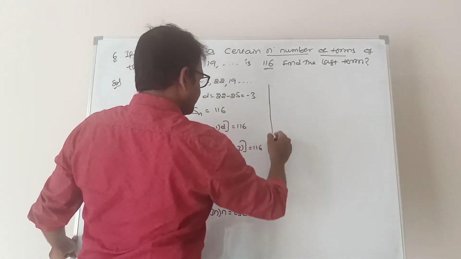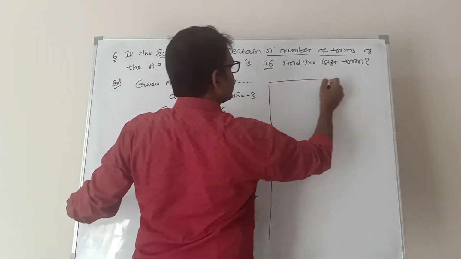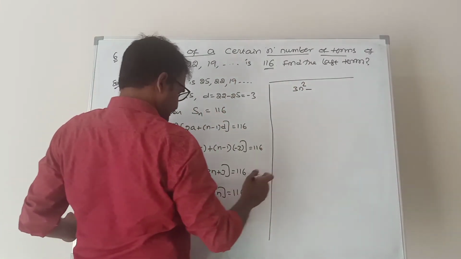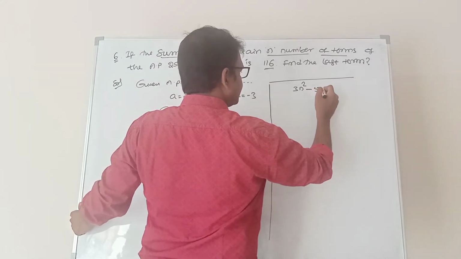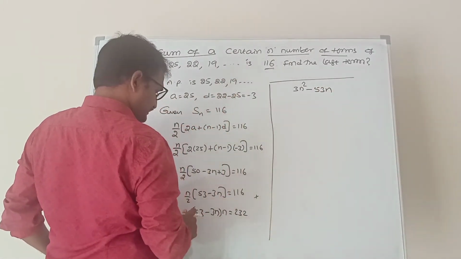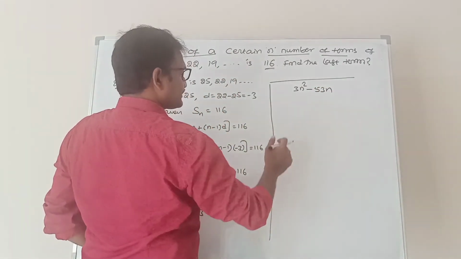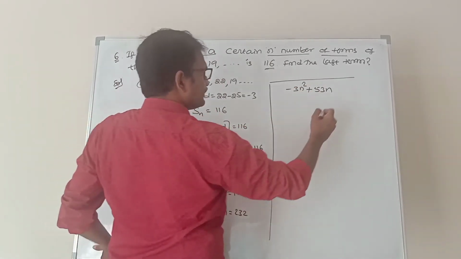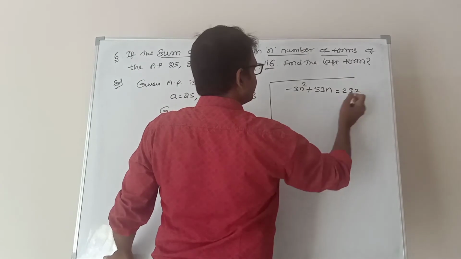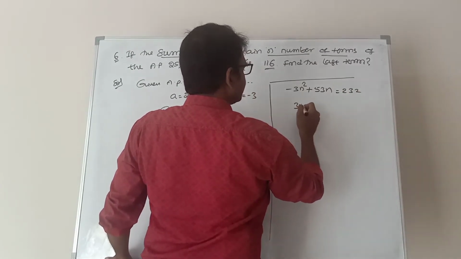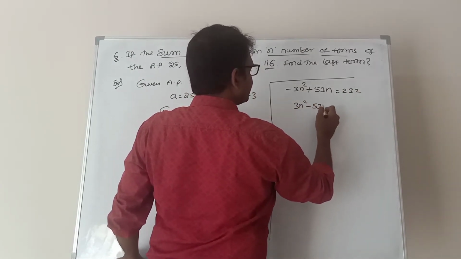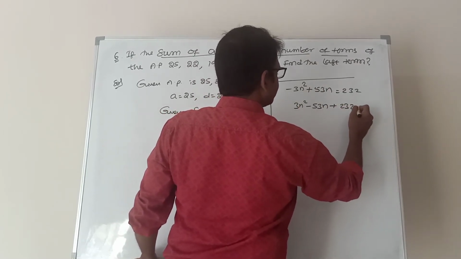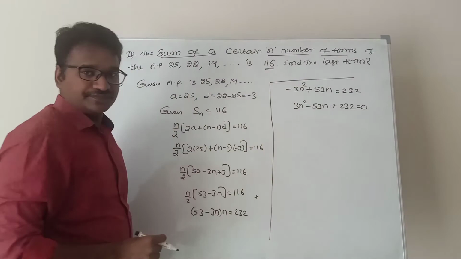So n into 3n, 3n square minus 53n. 3n square minus 53n plus 232 is equal to 0.